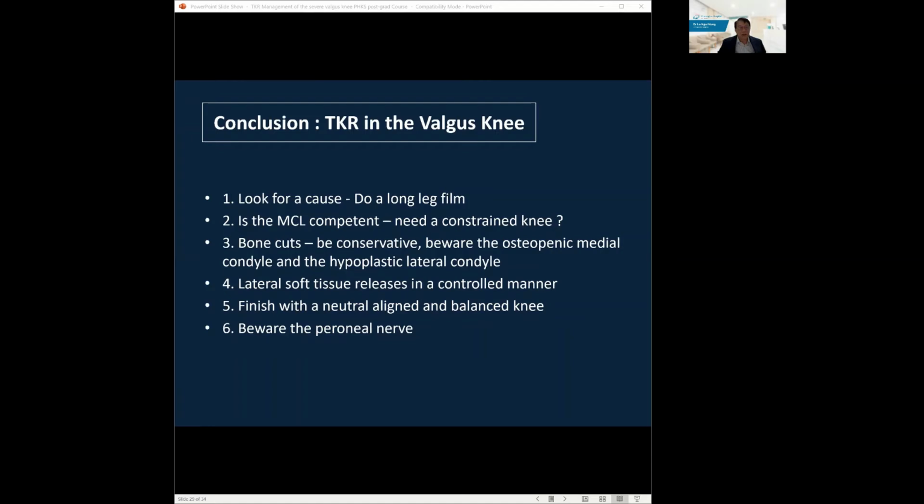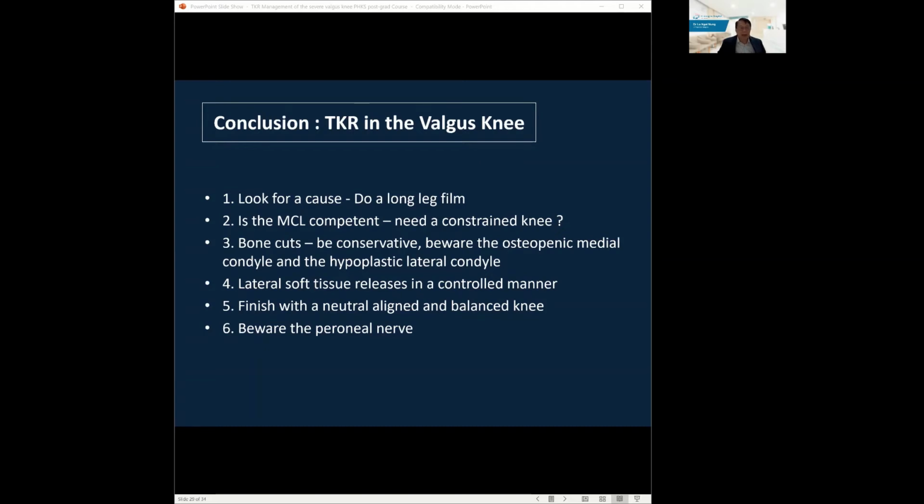The lateral soft tissue releases to be done in a controlled sequential manner such that you can then match it to the medial side, and failing which, then of course to consider constrained condylar knees. At the end of the day, we must finish up with a well-balanced, well-aligned knee, and only then will we avoid all the complications that we mentioned in the previous studies.